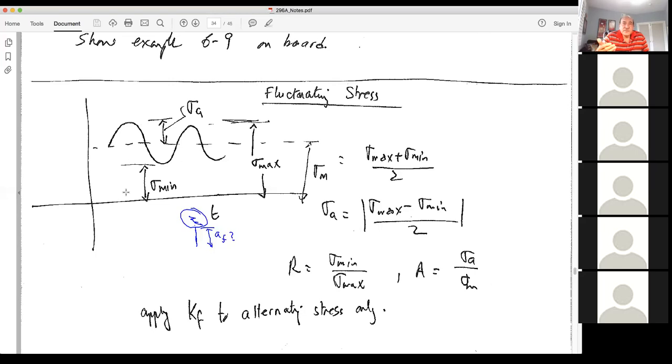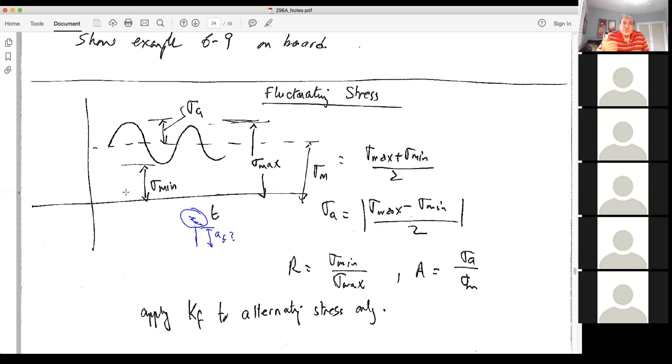Therefore, a reasonable fraction is the ratio of the mean stress divided by the yield stress. If this ratio is 100%, then we don't have any chance to even sustain any fluctuating load. So we define a damage fraction to be the ratio of the mean divided by the yield.